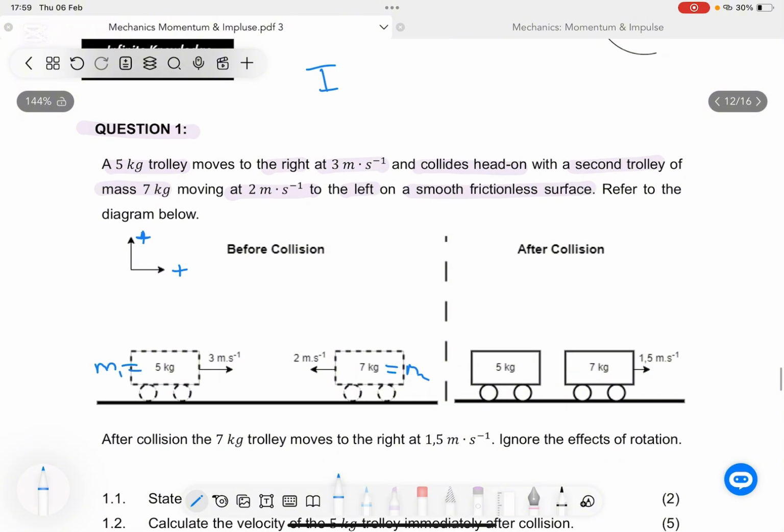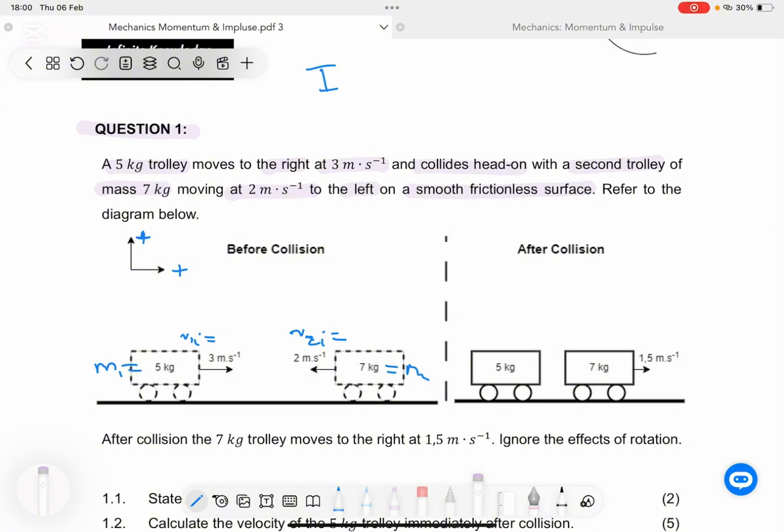The question further goes, well, perhaps before I read the question further, I can identify this velocity to be v1 initial, because it's the initial velocity of the first object, and this would be v2 initial because it's the velocity of the second object.